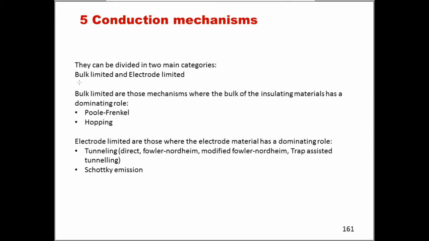The first one is the so-called bulk limited conduction mechanisms, and the second one is the electrode limited. When we talk about bulk limited, we mean all those mechanisms where it is the bulk that dominates what happens. Here we will look at two main ones, the Poole-Frenkel conduction mechanism and the hopping one.